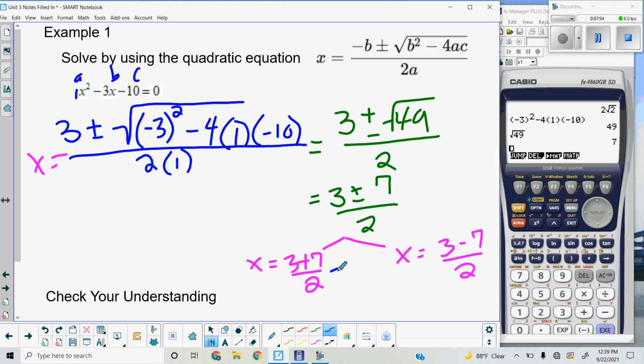So this would be 10 over 2, which is 5, so x equals 5. And this one would be negative 4 over 2, which equals negative 2. So x also equals negative 2. And those are our answers.